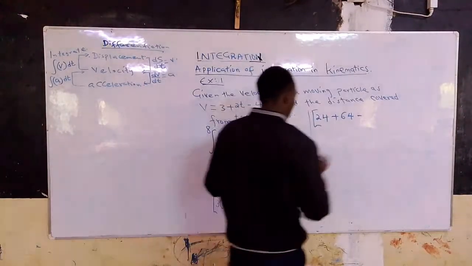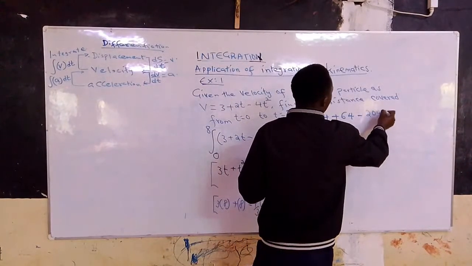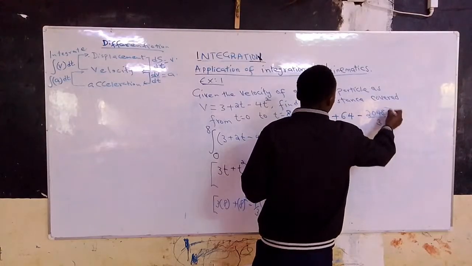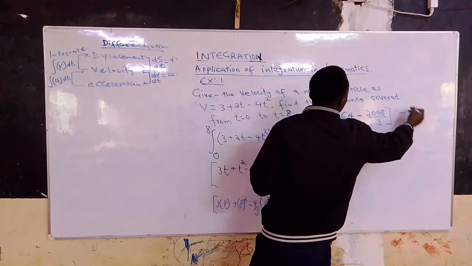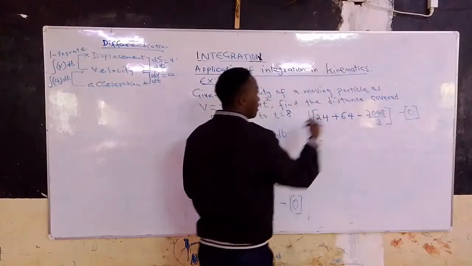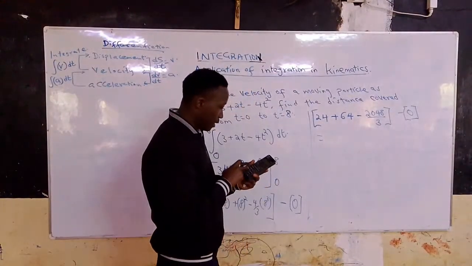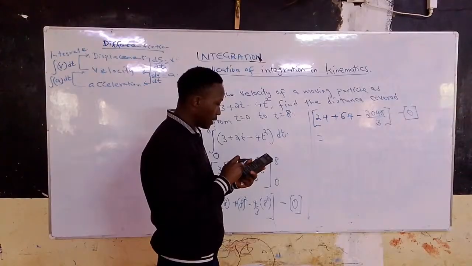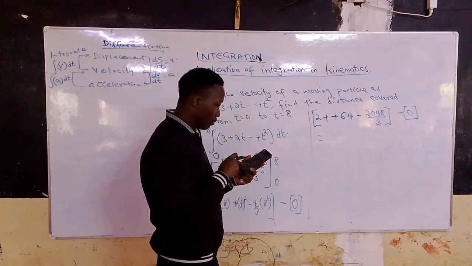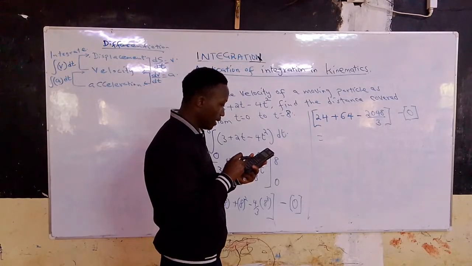So it will be minus 2048 over 3 minus 0. So we will work this one out and we will get 24 plus 64 minus 2048 over 3.